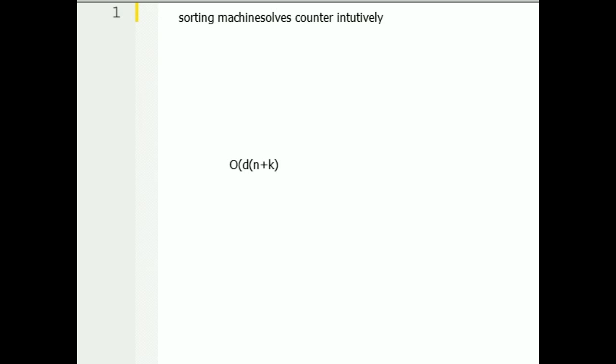Now this d is the number of digits of the biggest number. N is the number of elements, k is the number of possibilities. So it sorts more or less in a linear time.